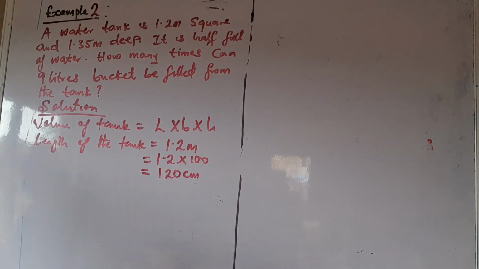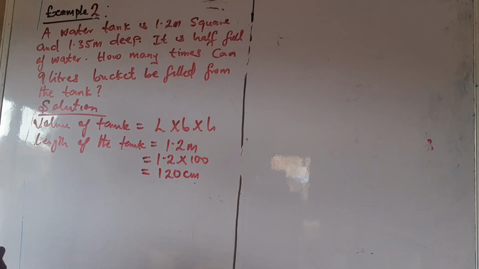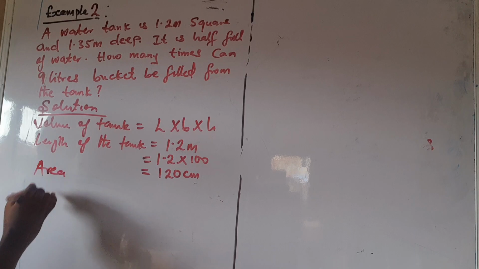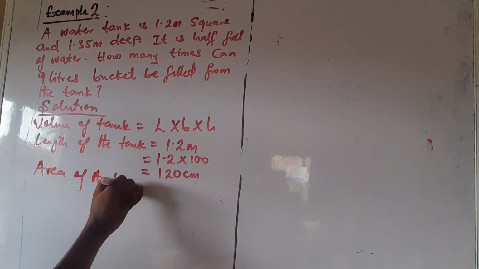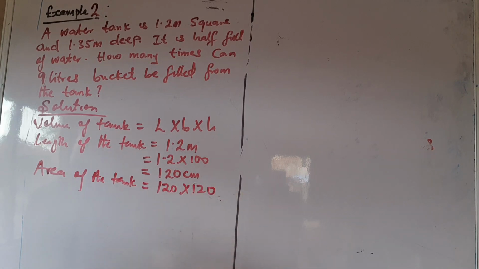But we're told that the tank is 1.2 meters square. That is the area of the tank, which equals 120 times 120. That is the square of 1.2 meter.